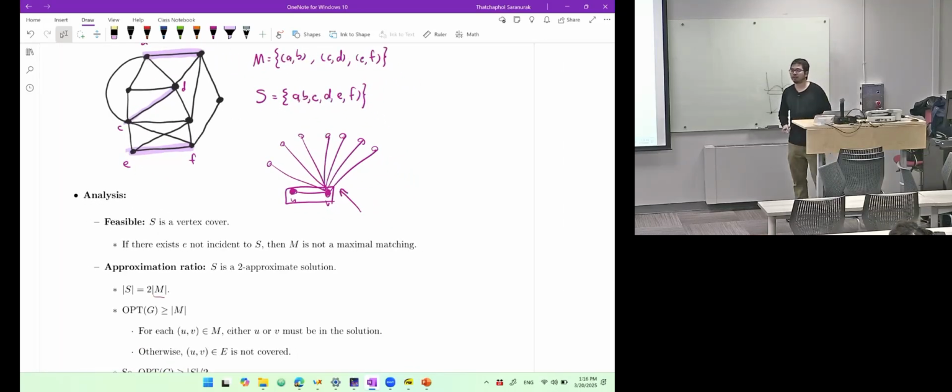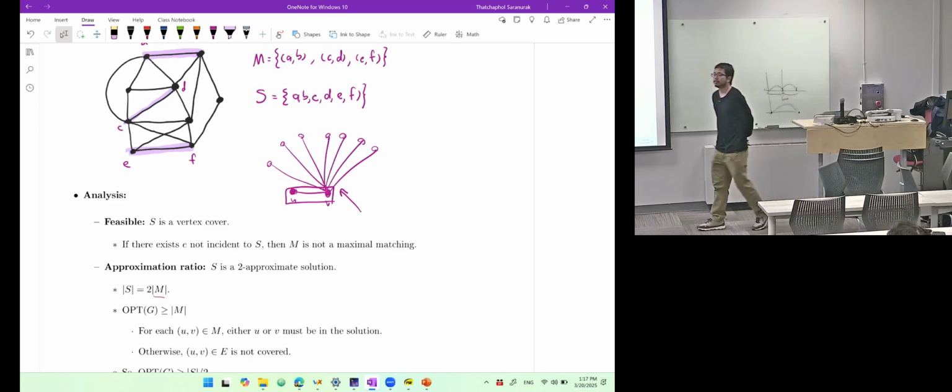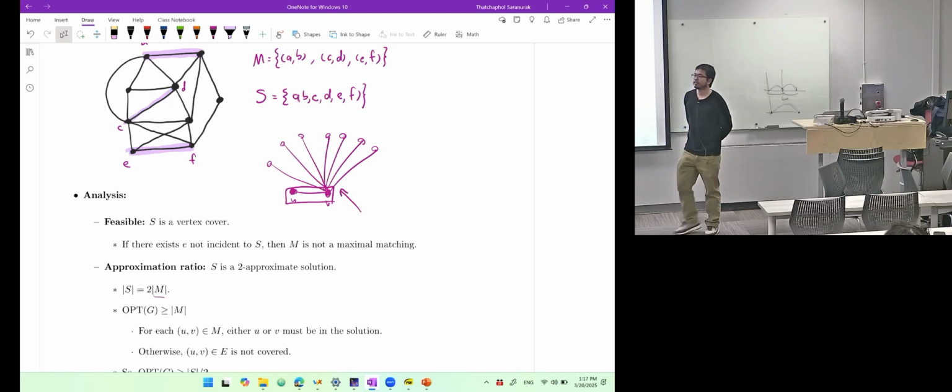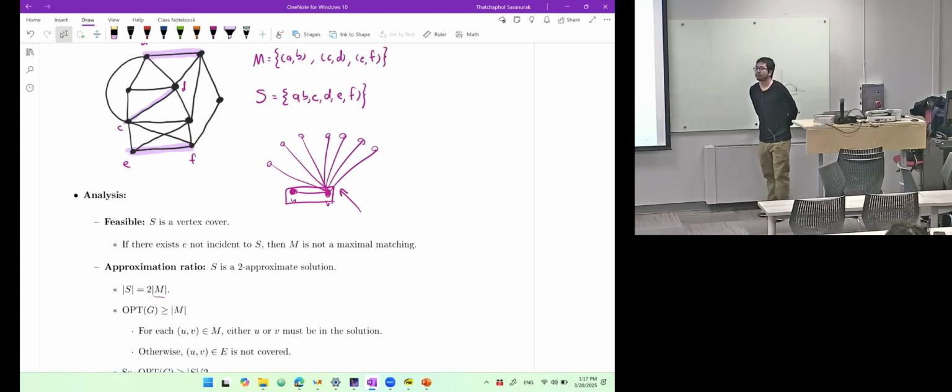Question about this algorithm that gives you a two approximation? Let's say you have a graph that's just one line with 3 edges. The greedy algorithm could pick the 2 edges on the side, so that the cardinality of M is 2, but the optimal solution would just be the edge in the middle.